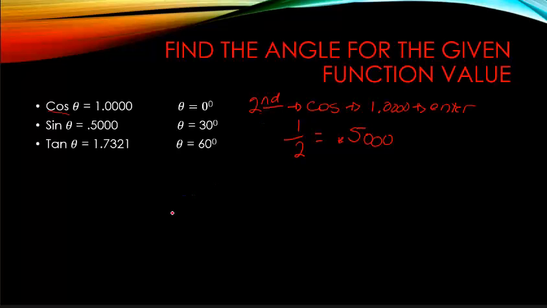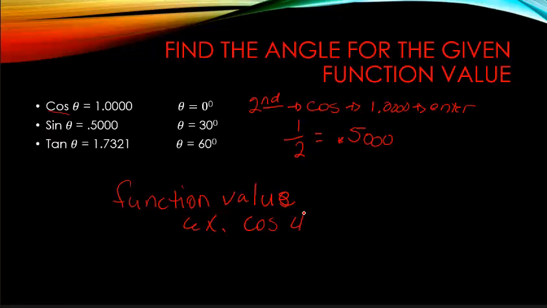So what you need to know is if you're looking for the function value, if I want to know what is cosine of 45, you don't use the second button here. No second button.